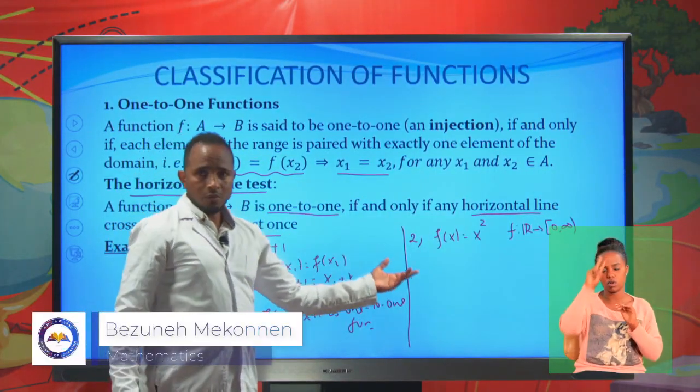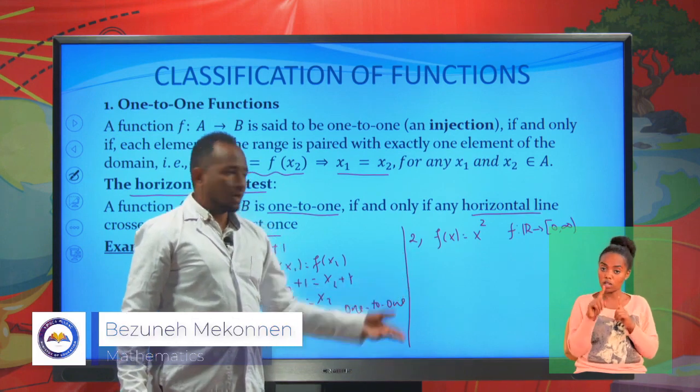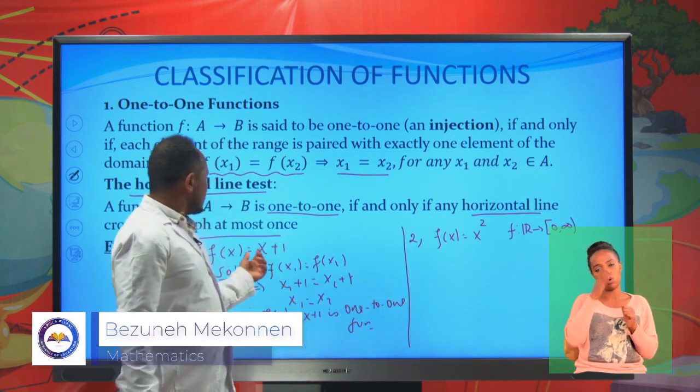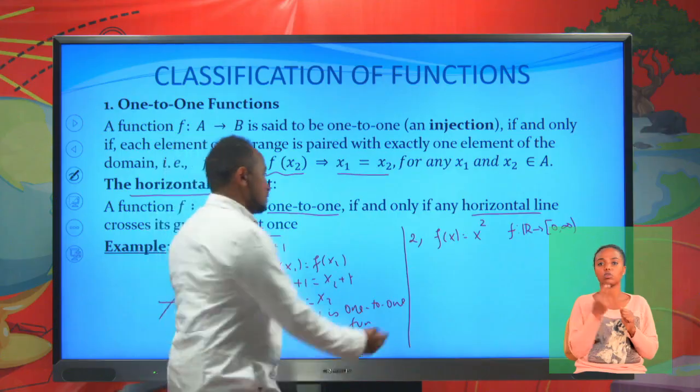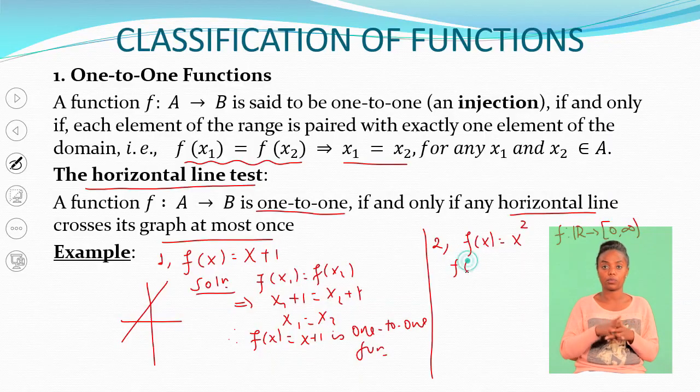To check whether this is one-to-one or not, you can draw the graph, or you can apply the definition. f(x1) is equal to f(x2). This implies f(x1) is x1 squared and f(x2) is x2 squared.